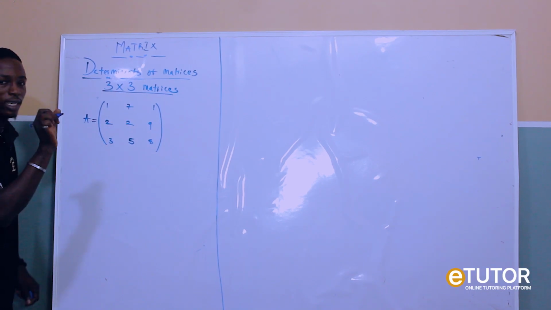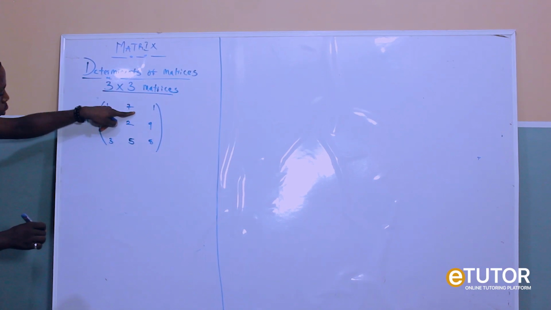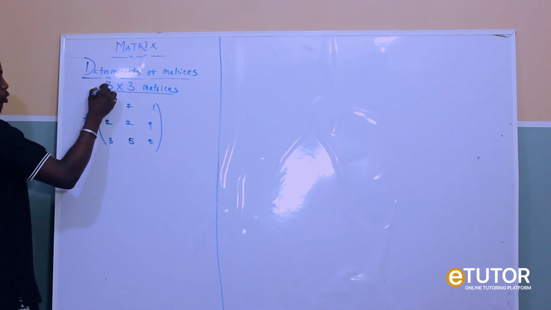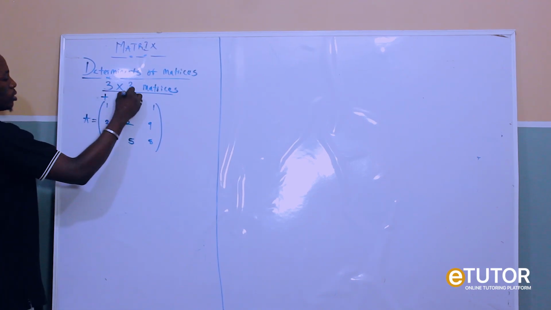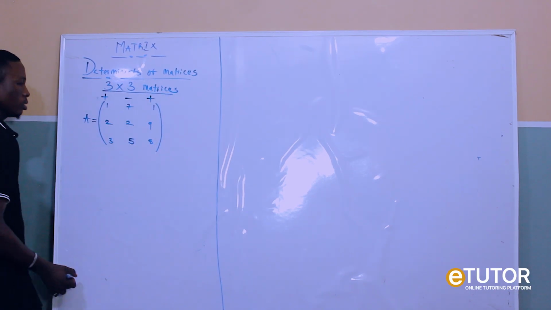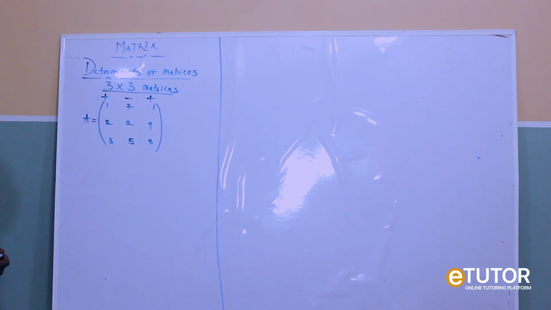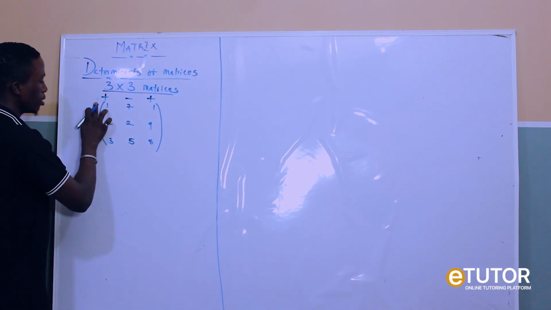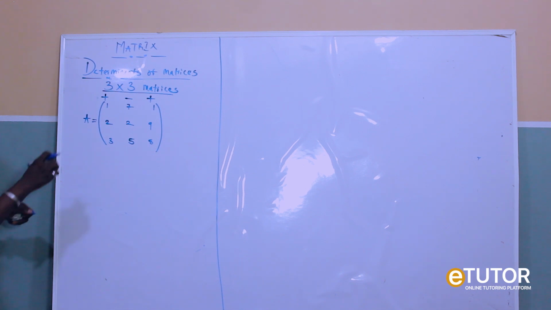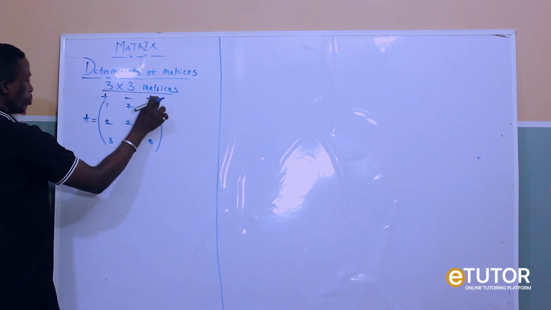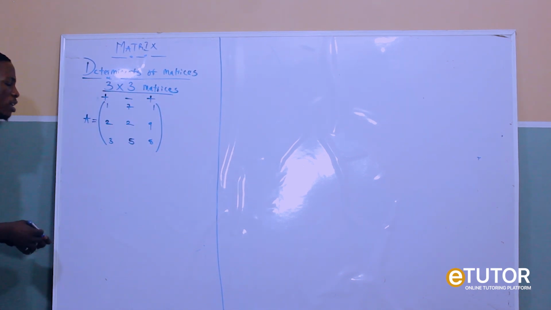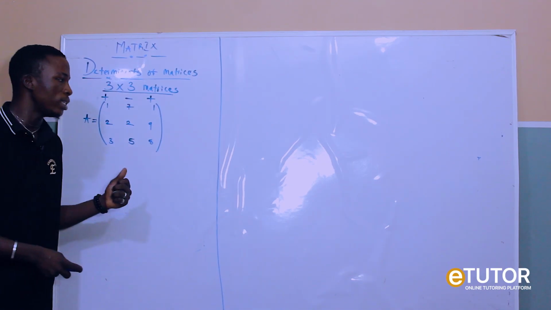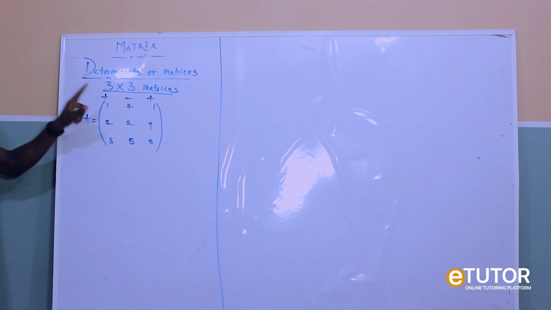So just assign signs to the first row of the matrix. So the signs are plus, minus, plus. That is step 1. These are the standard signs you assign. Plus, minus, plus.